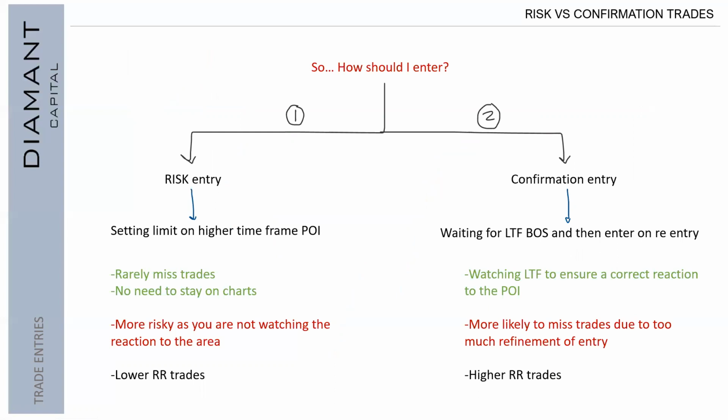Like I said in the Wyckoff example and how to improve your win rate, if you're using Wyckoff all the time, you're going to be missing a lot of trades because your entry might not be hit in that last phase. If we're talking about market structure, it's the same thing: you're most likely going to miss trades if you refine too much.